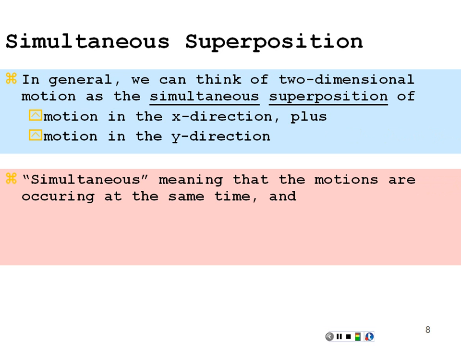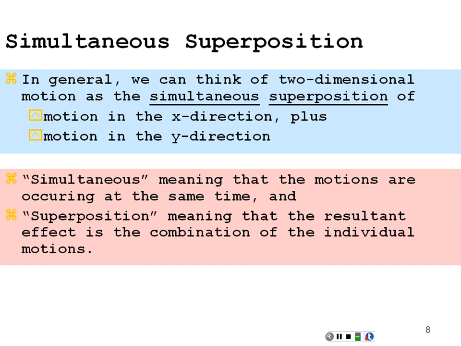Simultaneous means that these motions are taking place at the same time, and superposition, which is a basic principle of physics, means that the resultant effect is the combination of the individual effects, individual motions in this case. This comes up again and again in physics, where you look at the individual contributions and then the combined contribution gives you your net effect.